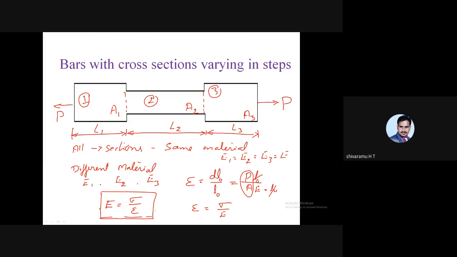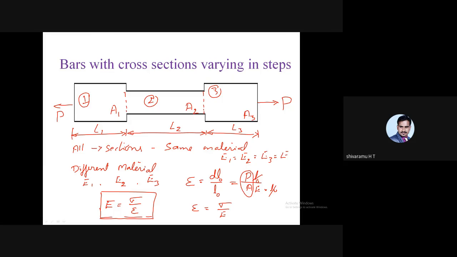You can easily calculate Young's modulus by calculating the stress as well as the strain. Strain is change in length by original length, and we know deformation is PL0 divided by AE, and L0 will get cancelled. So P by A indicates the stress sigma, divided by E.